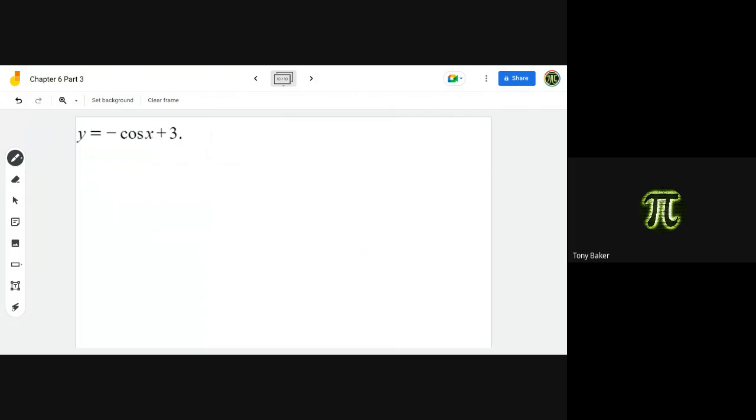What's the first step? What do I need first? I need my parent function. Before I do anything, write down your parent function.